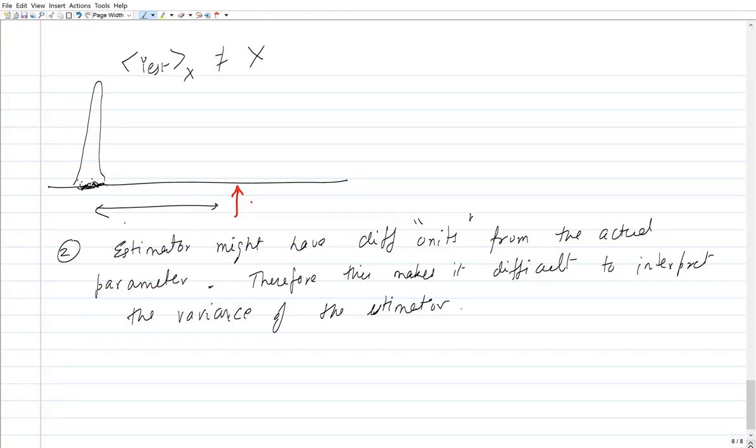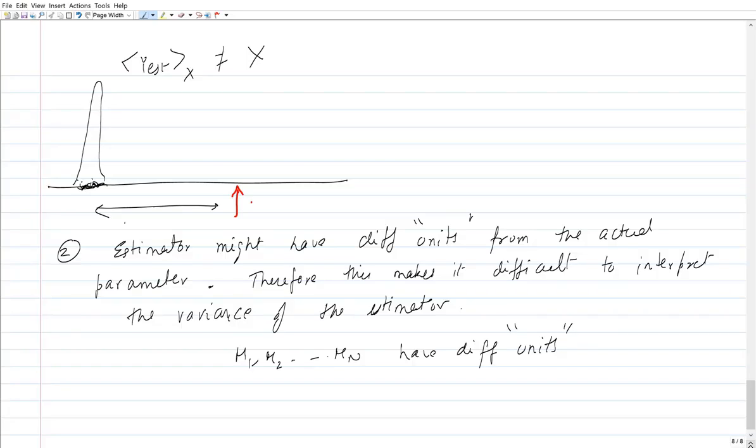For example, this can happen when our measured quantities M1, M2, Mn have different units. They are related to the parameter we are measuring, but they have different units, so to speak.